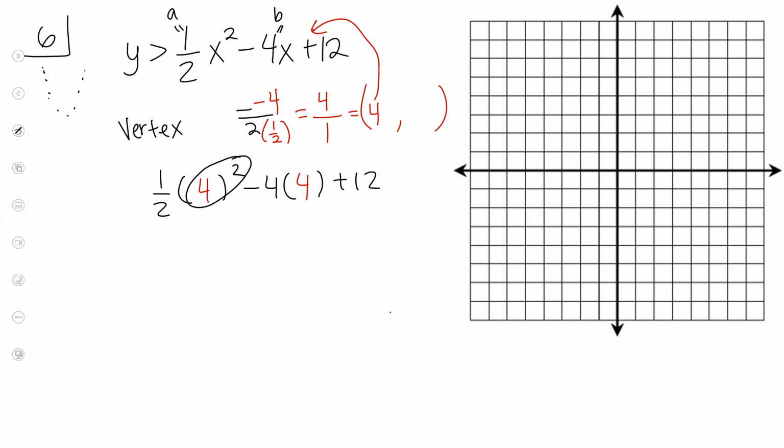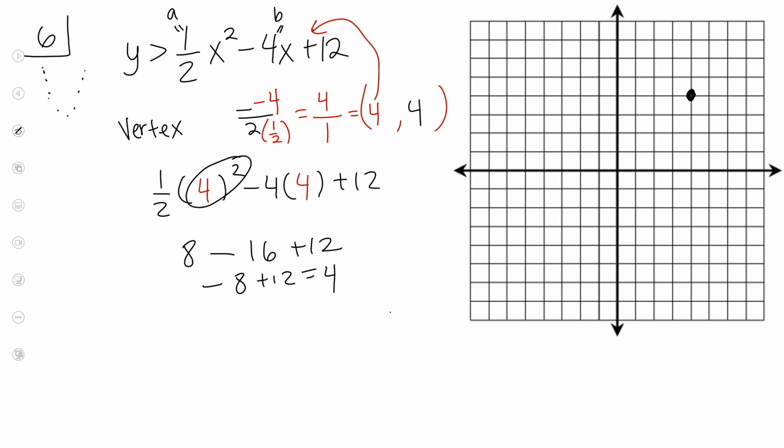Times 1/2 would be 8. You can think of it as 1/2 of 16 is 8. Minus 16 plus 12. This is -8 plus 12. This is 4. So my vertex is 4, 4. Go ahead and plot that on your graph. That's right here, 4, 4. Okay.